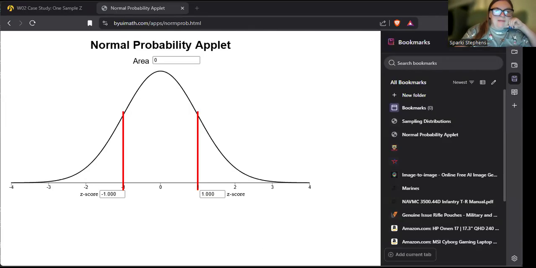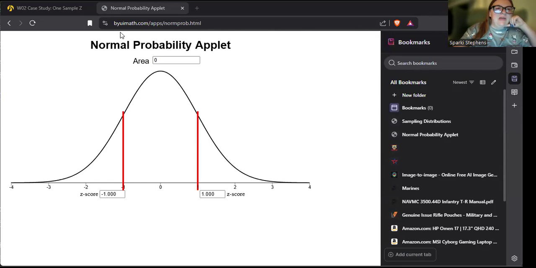I'm just opening this up and then I'll share my screen. So this is the normal probability applet that we were given.